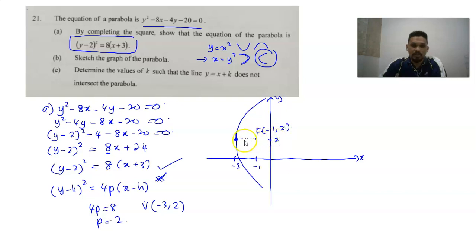So negative 3 and 2 is the vertex, and negative 1 and 2 is the focus. The distance from the vertex to the directrix is also 2 units. So the directrix is x equal to negative 5.